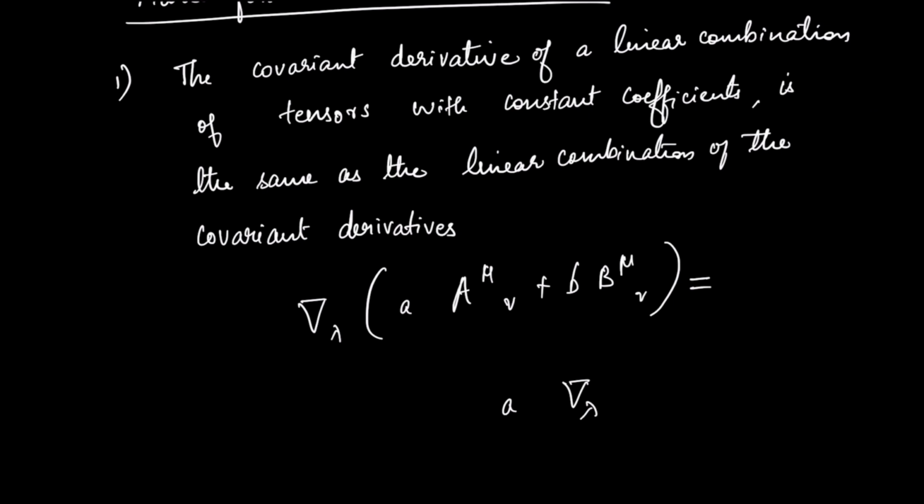So a times the covariant derivative of A mu plus b times the covariant derivative of B mu nu. Okay, so this is the first rule. The covariant derivative of a linear combination of tensors with constant coefficients is the same as the linear combination of its covariant derivatives.